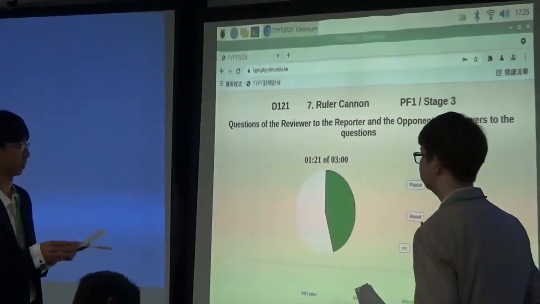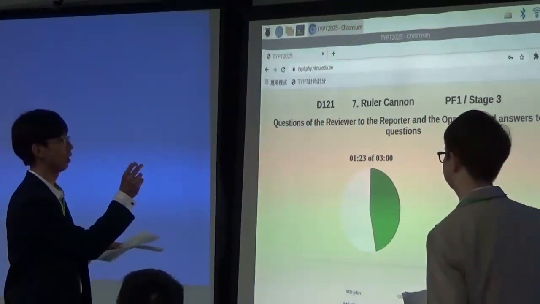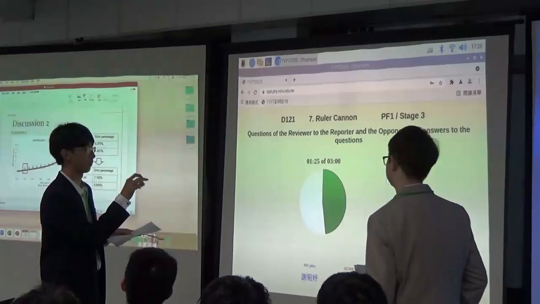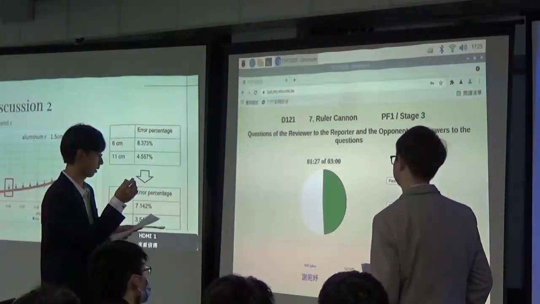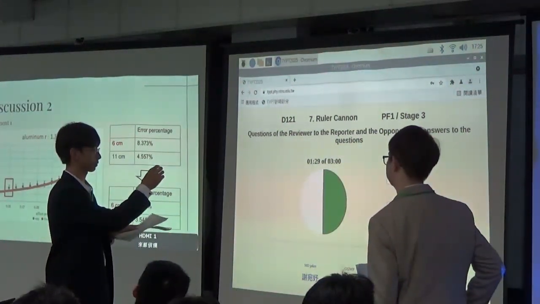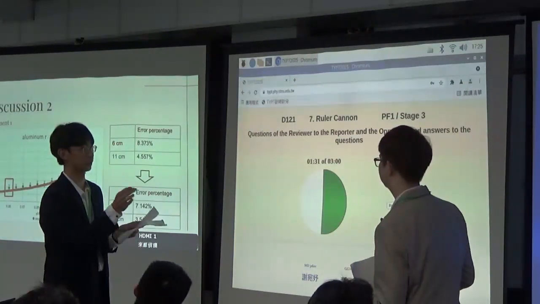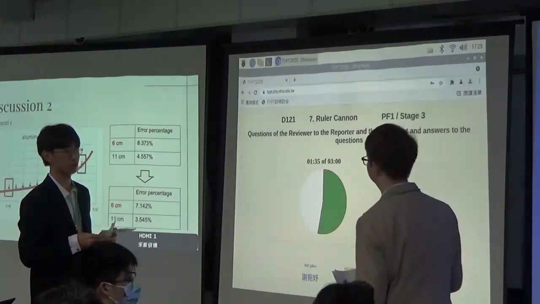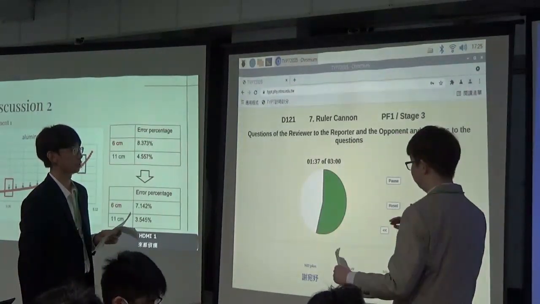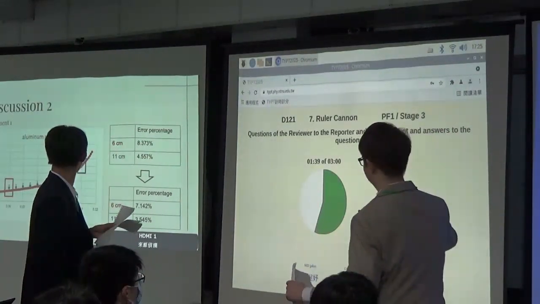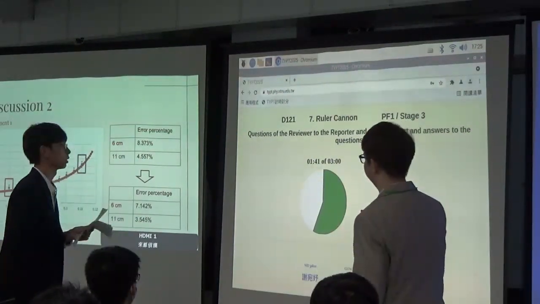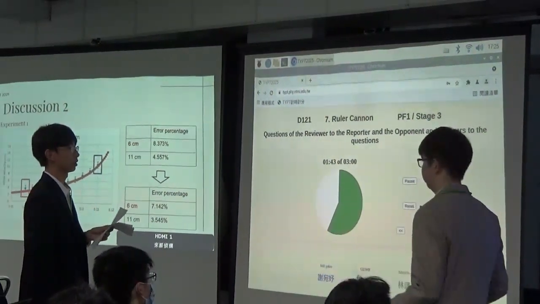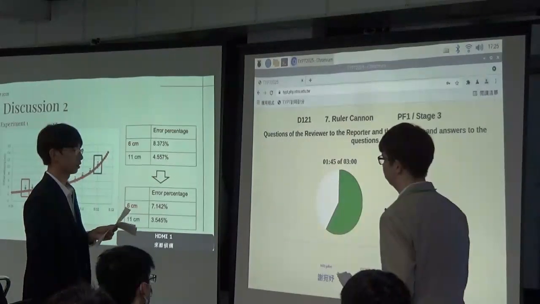So what do you think if you change the position of the force, what is the velocity according to the position, not the time? The position, I think with the larger the x, the distance between the force and the ball, the larger the velocity will be.